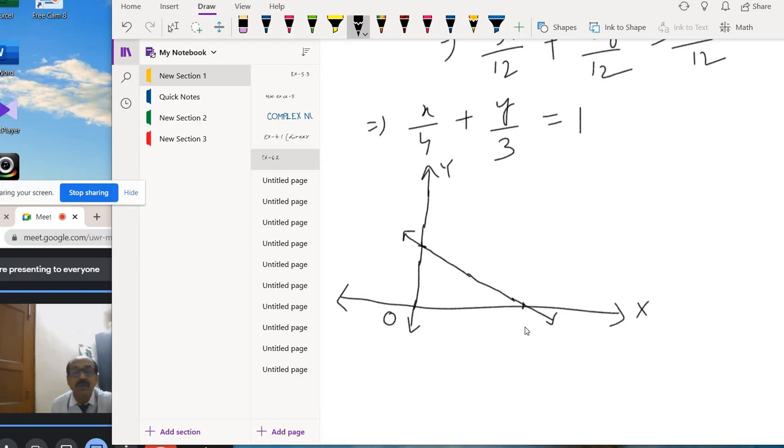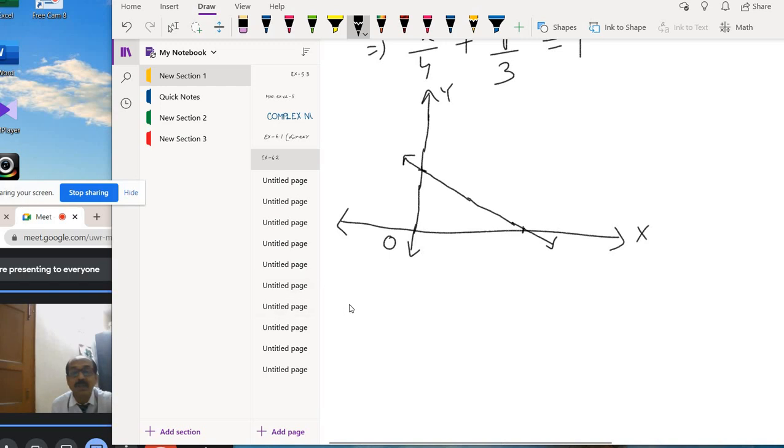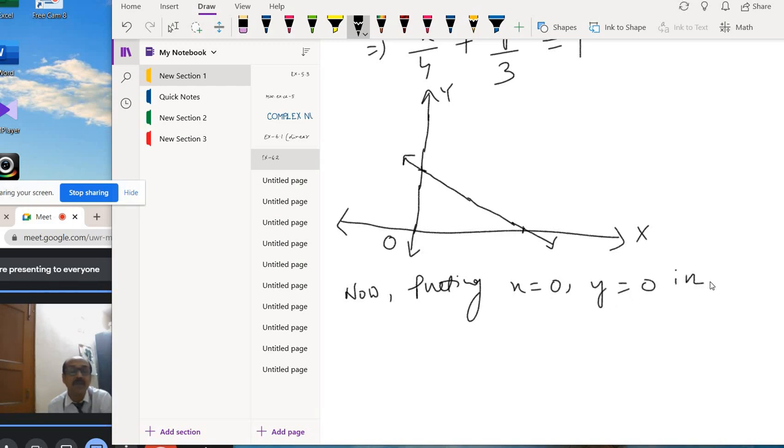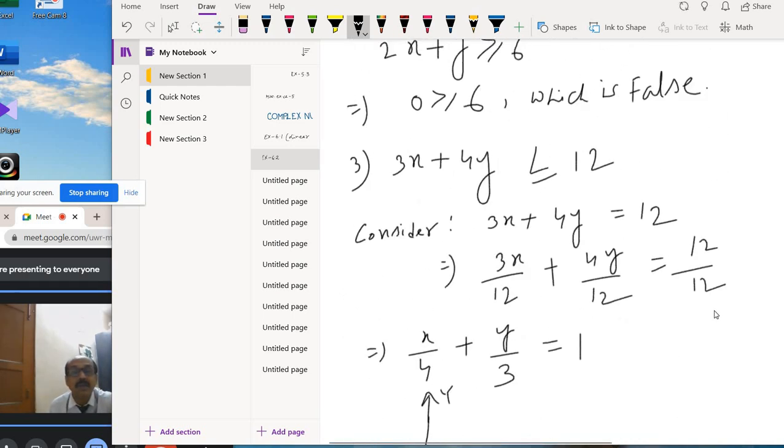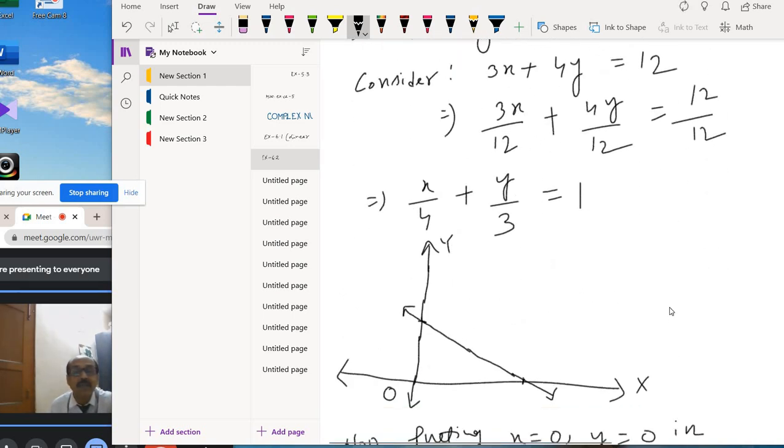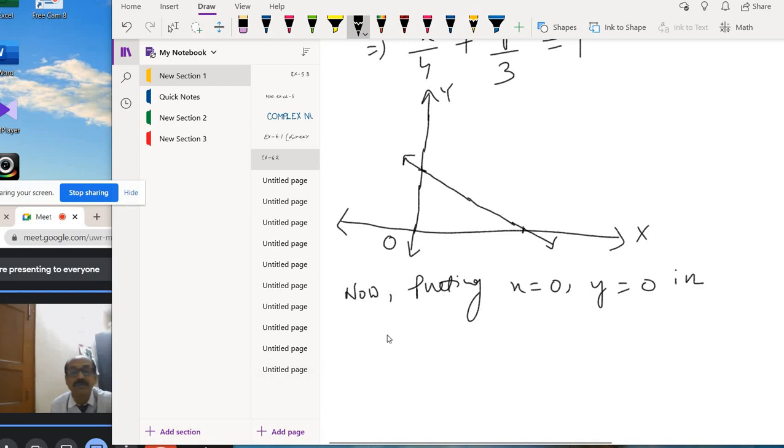Now putting x equal to 0, y equal to 0 in the given inequality, 3x plus 4y less than or equal to 12. So 3 into 0 is 0, 4 into 0 is 0, so 0 less than or equal to 12.